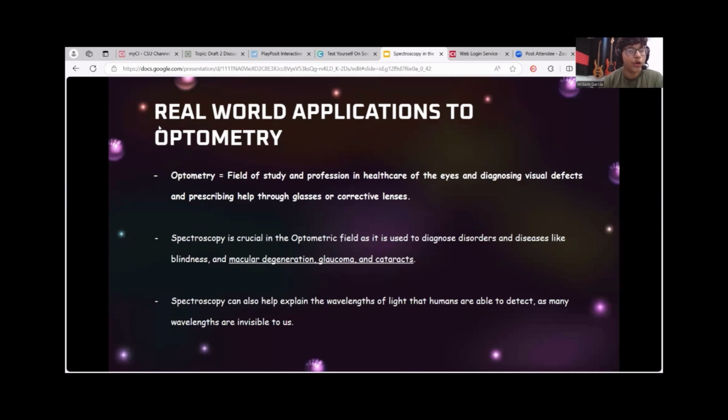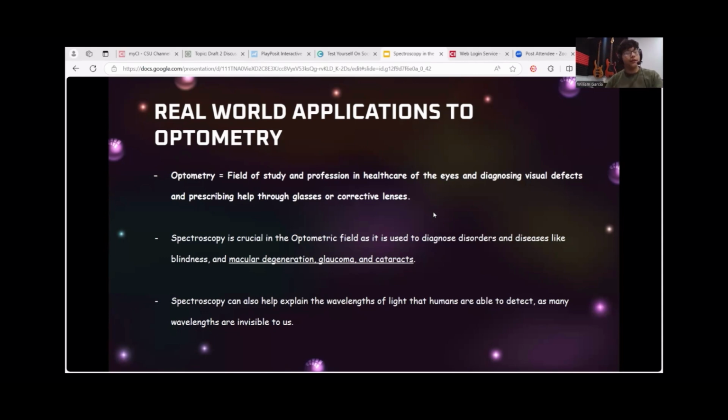Real world applications to optometry. Optometry is the field of study and profession in healthcare of the eyes, diagnosing visual defects and prescribing help through glasses or corrective lenses. Spectroscopy is crucial to the optometric field as it is used to diagnose disorders and diseases like blindness, macular degeneration, glaucoma, and cataracts. These are just a few.